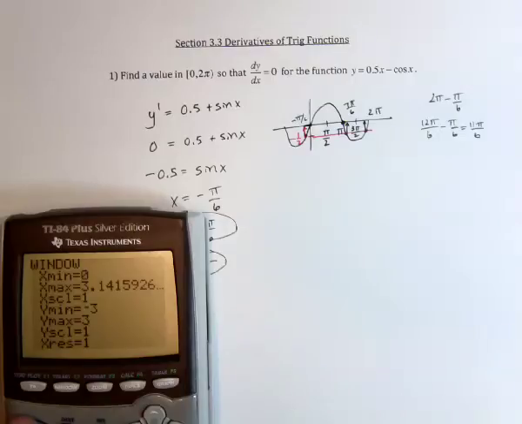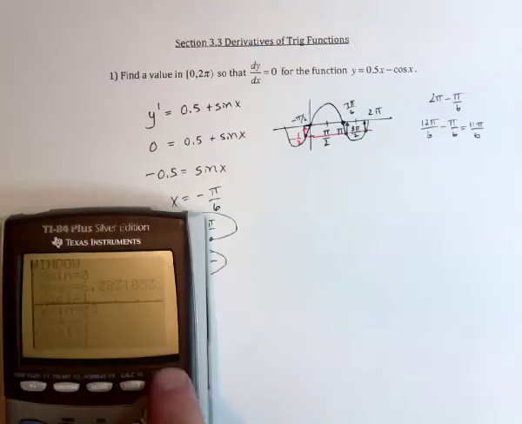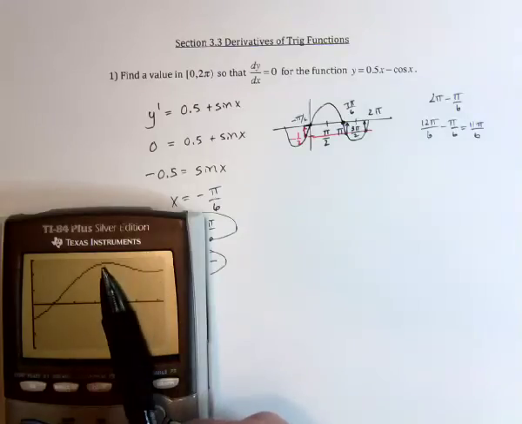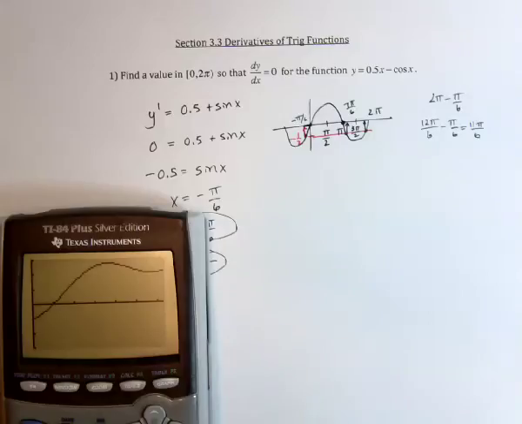Change the window to go from 0 to 2 pi, -3 to 3 for the y values. Okay, so horizontal tangent line means that it was like this or like this. So there's two places where that happens.